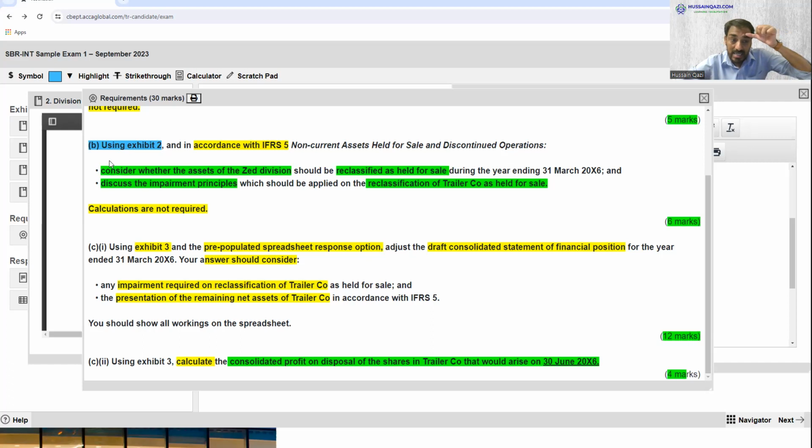Number one, consider whether the assets of the Z division, a division of the subsidiary Trailer, should be reclassified as held for sale during the year ended 31st March 2026. And discuss the impairment principle with respect to Trailer.